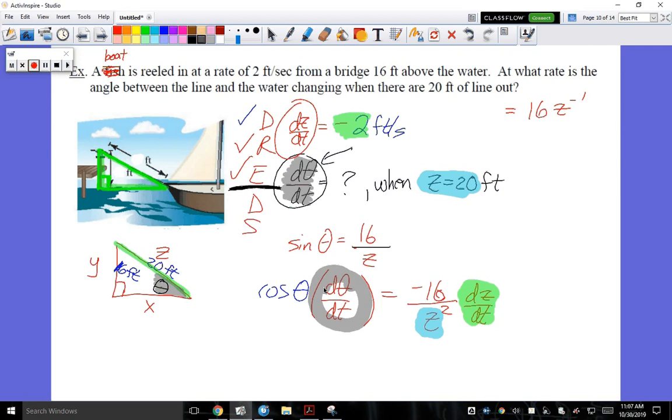That's my unknown. But I still have a variable right here. I still have cosine of theta. So what should I do? Arc cosine of whatever the side is.